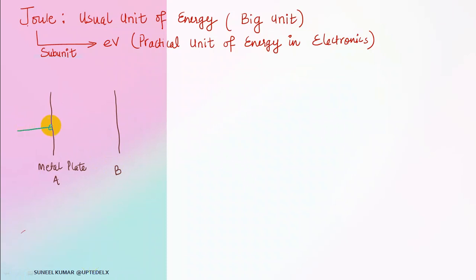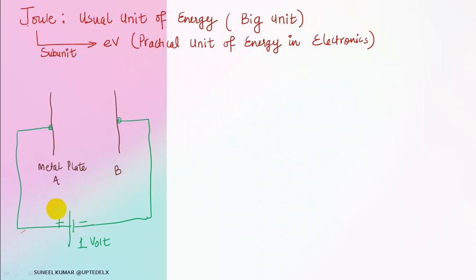This is the positive terminal of the battery, this is the negative terminal, and the voltage is 1 volt. So this battery is connected with these metal plates. We have made this connection.